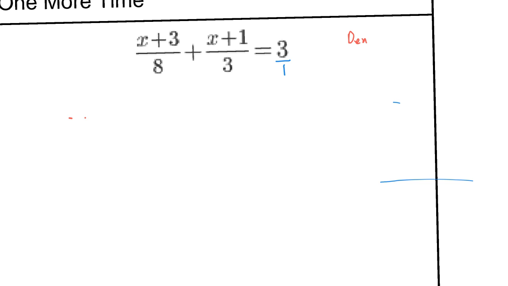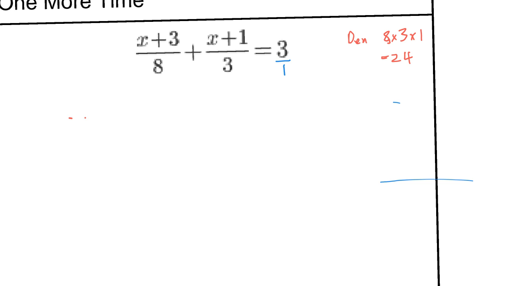My denominator for everything would be 8 times 3 times 1. Okay, so 8 times 3 times 1 gives us 24. So here's what we're going to do. We're going to multiply everything like we did last time. Instead of just by 3, we're going to multiply everything by 24.